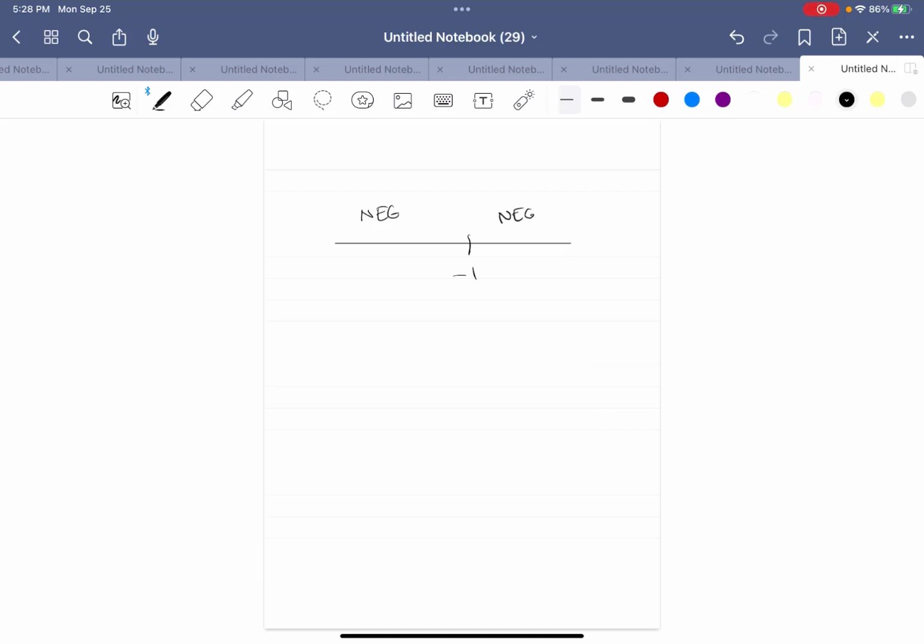So this function is always decreasing, except at negative 1 where the function doesn't exist. So we have to exclude that negative 1. So we'll say it's decreasing from negative infinity to negative 1, and again from negative 1 to positive infinity.